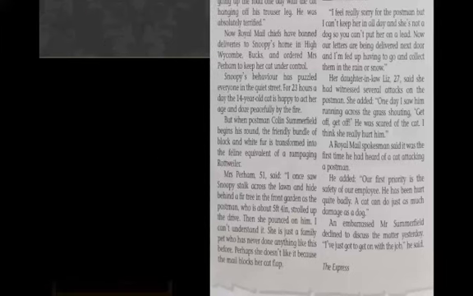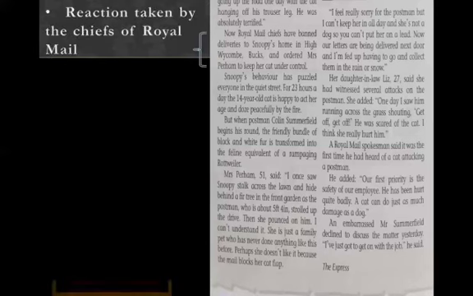Okay, let's analyze those few paragraphs. In this paragraph, this is the reaction taken by the chiefs of Royal Mail. Chiefs means the bosses. So here they stopped deliveries to that house because they have a somehow dangerous cat.